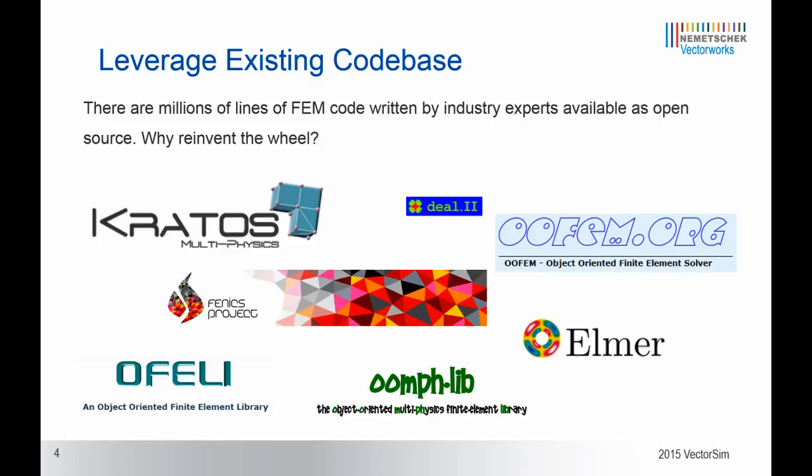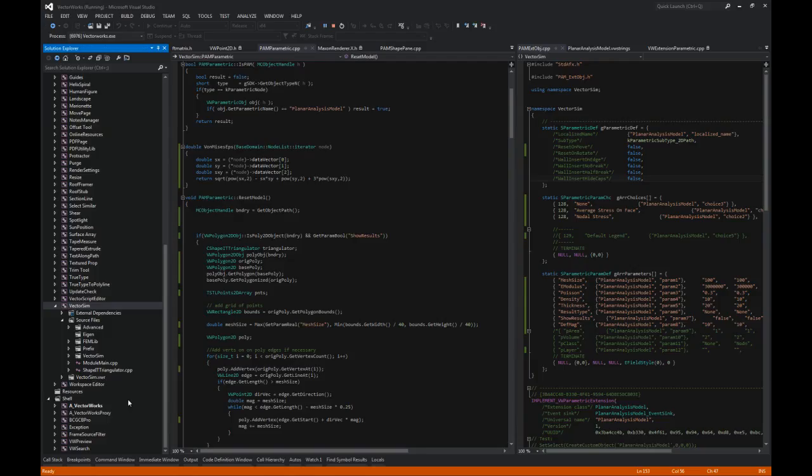Instead of starting from scratch, there's lots and lots of open source libraries for simulation and finite elements. I chose a pretty simple library, one that I knew I could get going quickly. It's actually not one of the ones shown on this list. And I spent a couple of days and built a plugin object that leverages this. So I'll demonstrate that now.